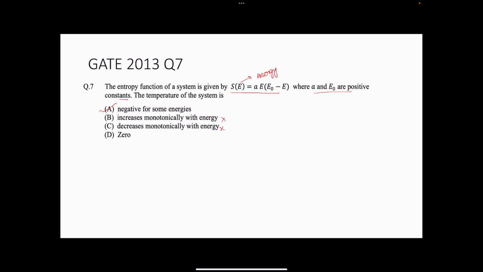Otherwise it's not possible, since there is no finite limit at which T is equal to 0. Therefore, we cannot say that T equals 0; T should tend to 0 as E tends to infinity. Therefore, the more appropriate answer is option A, negative for some energies. So the correct option for this question is A, negative for some energies. Thank you.